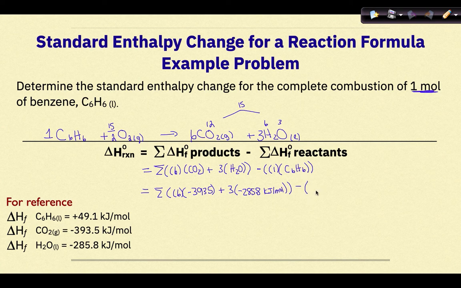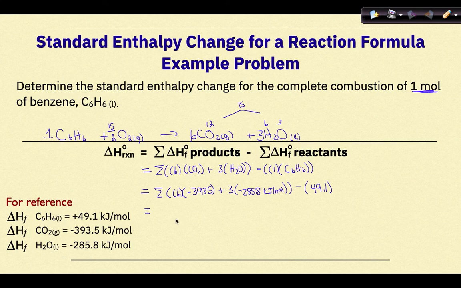I'm not going to put the 1 mole in, so that's 49.1. And then I'm going to work this all out. I'm going to multiply together the 6 times the 393.5 plus 3 times the negative 285.8. I'm going to get an answer there, and then I'm going to subtract 49.1.